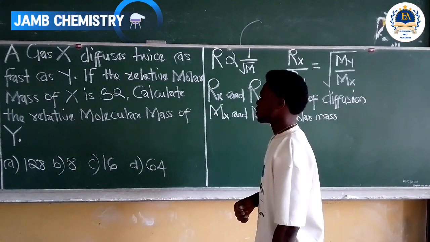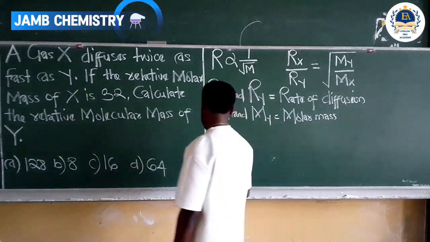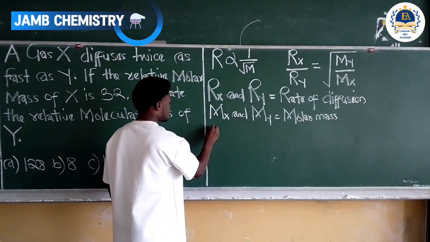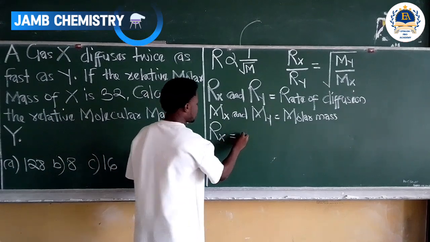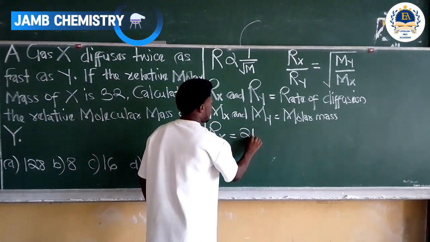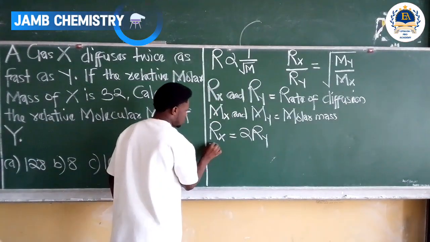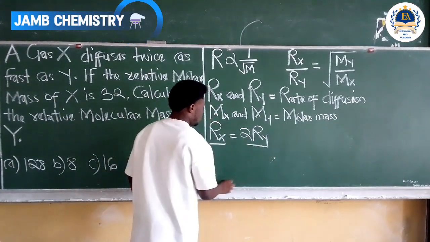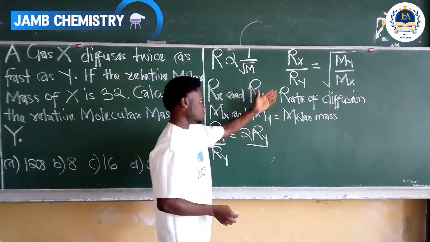From the question, gas X diffuses twice as fast as gas Y. That is to say, Rx is 2 times Ry. If you divide both sides by Ry, we can obtain this equation.